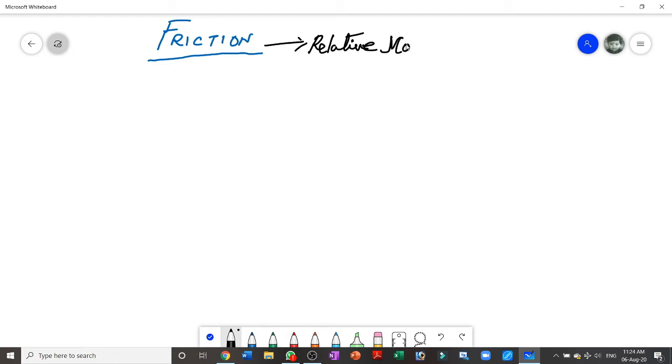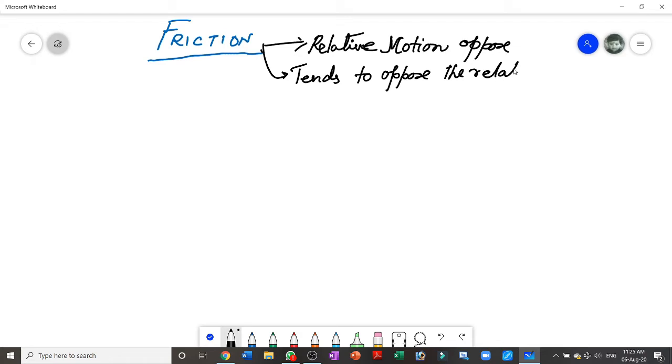It opposes the relative motion between surfaces in contact, or tends to oppose the relative motion.